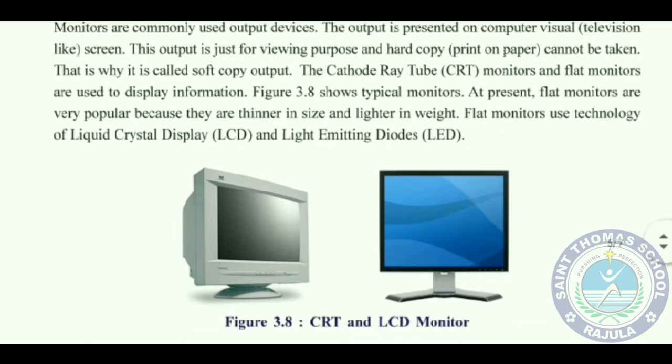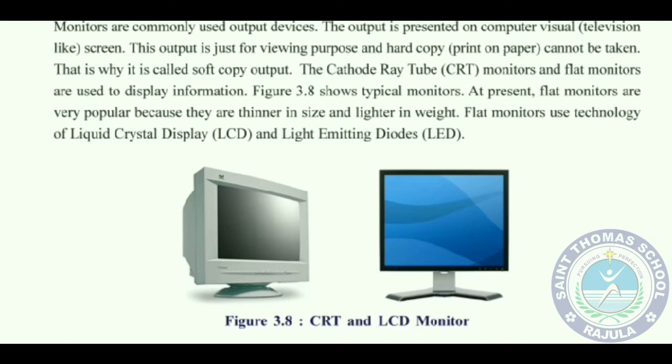Here in the image you can see two types of monitors. One is heavyweight and bigger in size, and in the next image you can see a very thin monitor. So the monitors are output devices used just for viewing purposes.